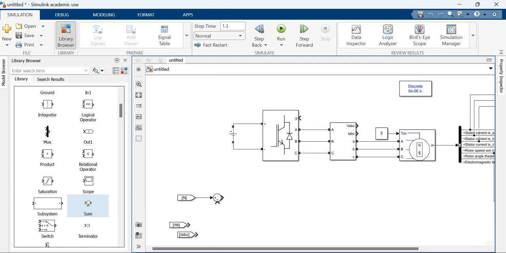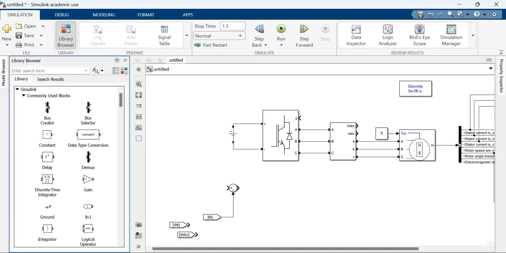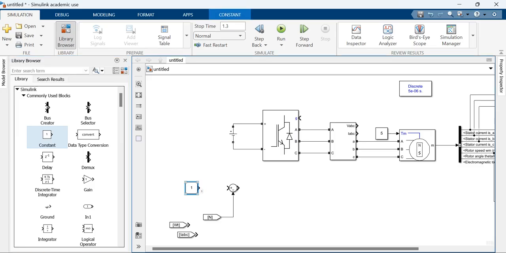Sorry, this is supposed to be the reference speed. Let me delete this. This is supposed to be the actual speed. Reference speed is supposed to be a constant. So let me give it as some 2500 RPM. So let the machine run at 2500 RPM.